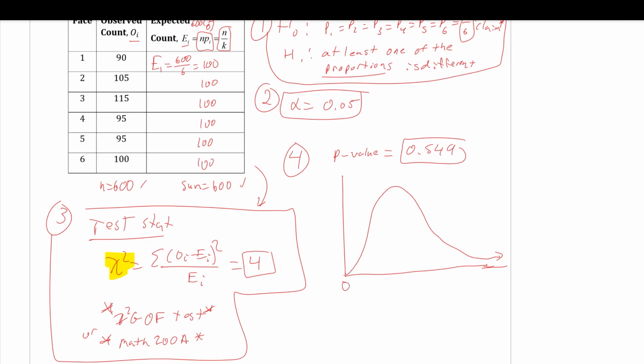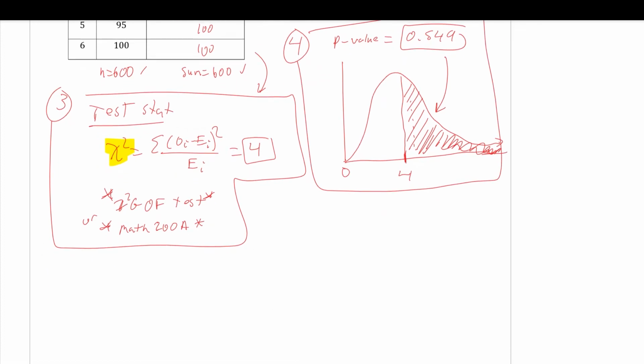The 50% mark is typically somewhere around here, and these are all right tail tests. With this 0.549, I would say the test stat represents about 55% to the right, somewhere around there, just eyeballing it as much as I can. And that test stat is 4. The area of the shaded region is your p-value.